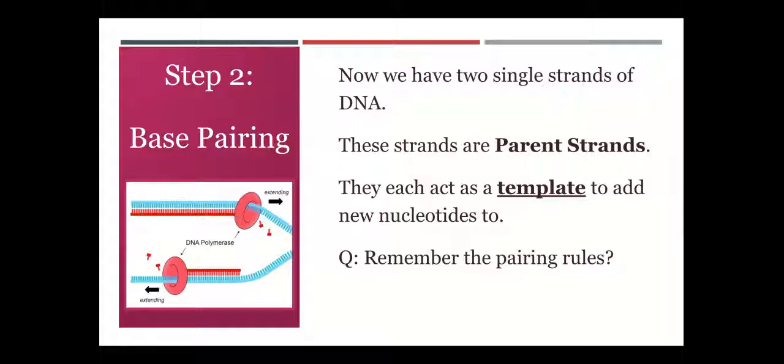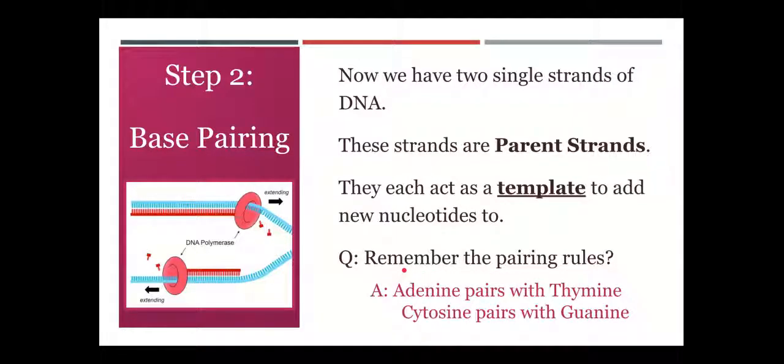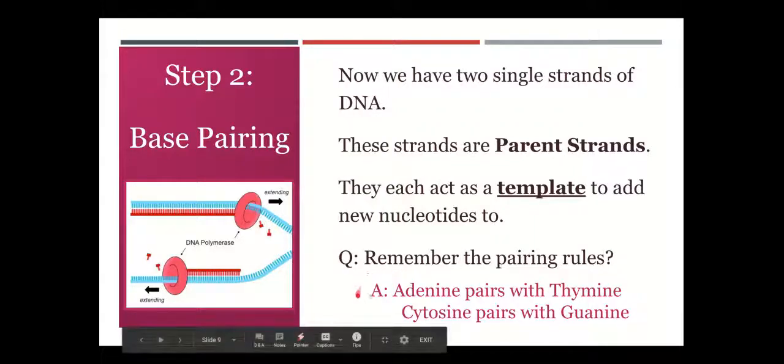All right, welcome back. If you need more time, feel free to pause the video, but we are going to move forward. So, to answer our question, remember we're thinking about those pairing rules. What bases pair together? Recall from last week, here's our answer. We always see adenine, or A, pairing with thymine.